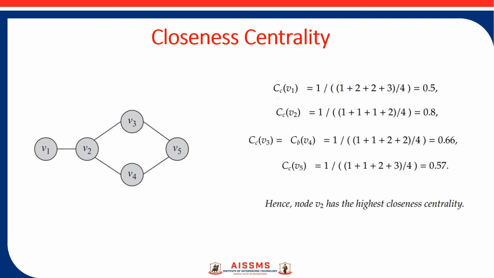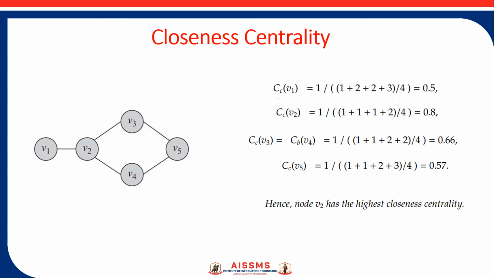For vertex v1, the closeness centrality is 1 divided by the average of the shortest path lengths. The shortest distance from v1 to v2 is 1, v1 to v3 is 2, v1 to v4 is again 2, and v1 to v5 is 3. We have mentioned these in the formula and divided by 4, which is n minus 1. Once we compute this, we know the closeness centrality of vertex v1.